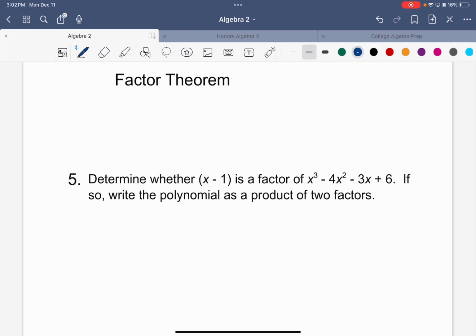So essentially we're taking x cubed minus 4x squared minus 3x plus 6 and dividing it by x minus 1.